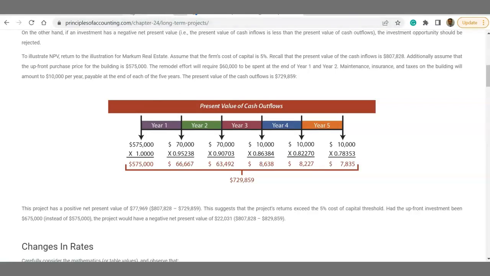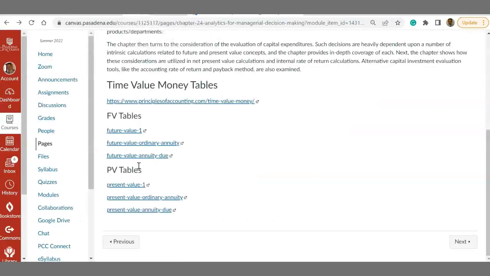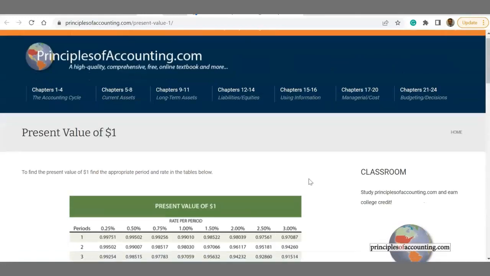And just to show you where that is, let's say year 2, 0.952, where it's coming from. You go here, you go to the present value of $1 table. And you can Google this also, present value tables, and you can easily find it on the internet.